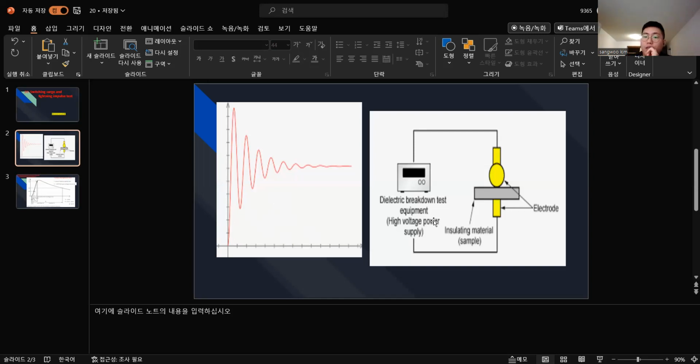Here, a high voltage power supply is connected to one part of the insulated material, and the other part is connected to the ground, and we check the insulator's capacity with this method. But today I will focus on the impulse.